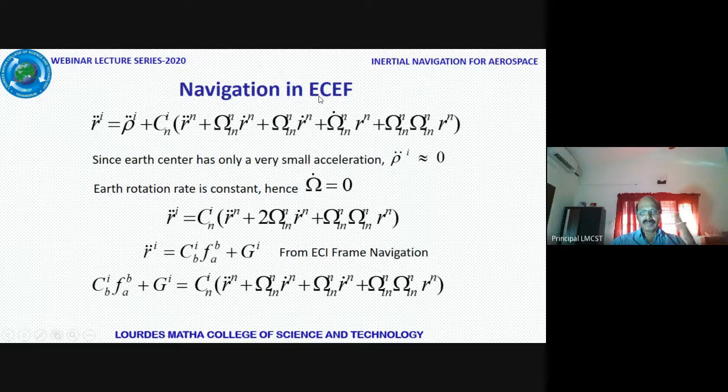In many cases, such as aircraft, it is a non-inertial frame. This ECEF is a non-inertial frame, but still what we are doing is inertial navigation only, and the algorithm will be different. So now we have ended up with a frame which is very popular; the global positioning system is using this particular frame.